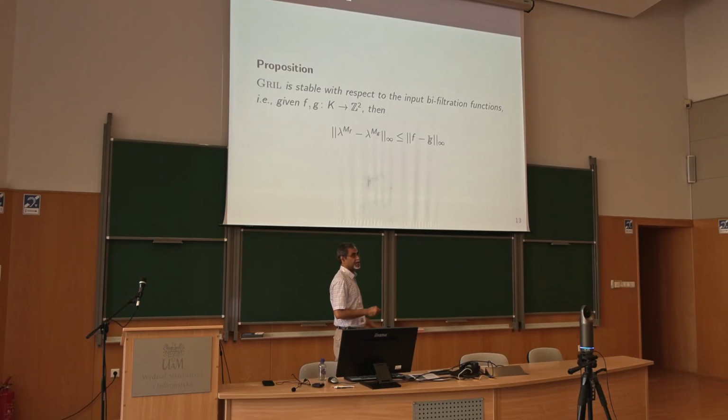Then their difference in the L infinity norm is bounded from above by the difference between the two function values in the L infinity norm. So this is a typical stability property. It means that the grill values are stable, which is useful in practice.